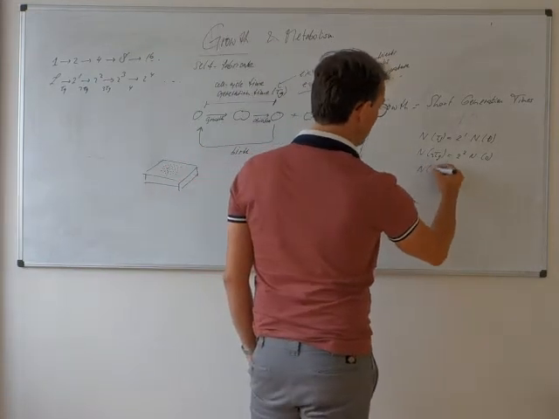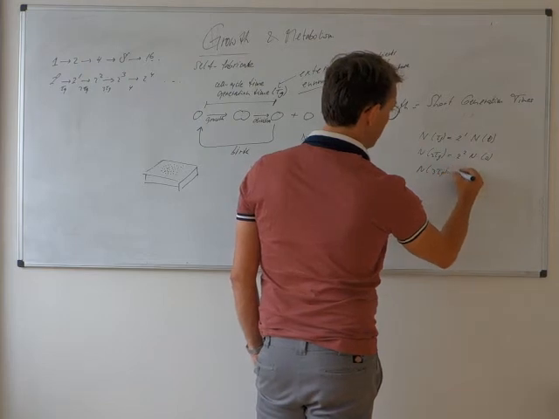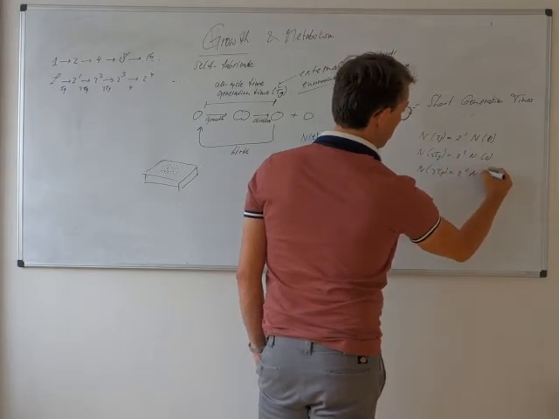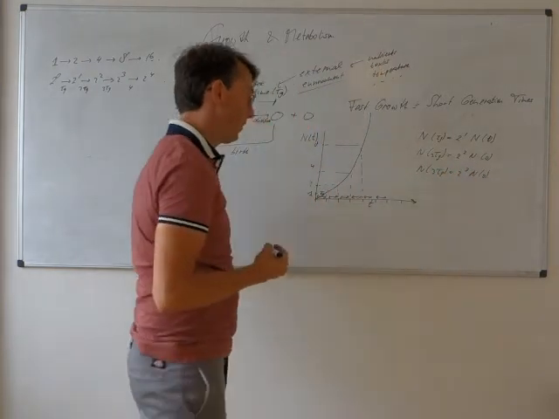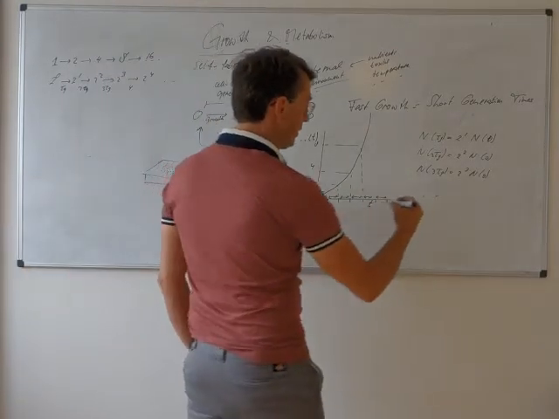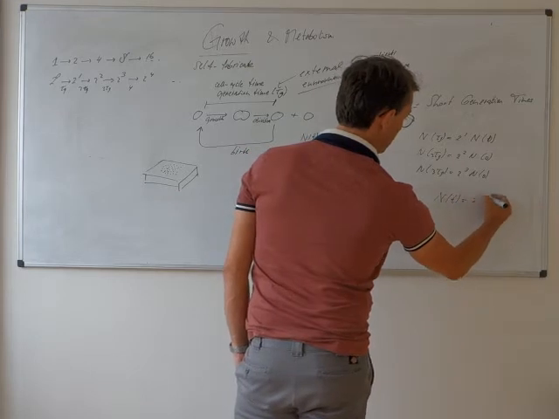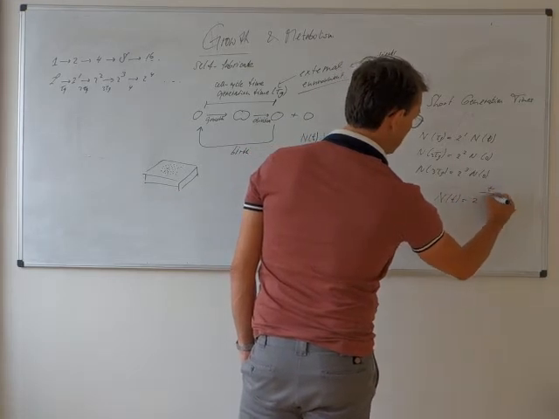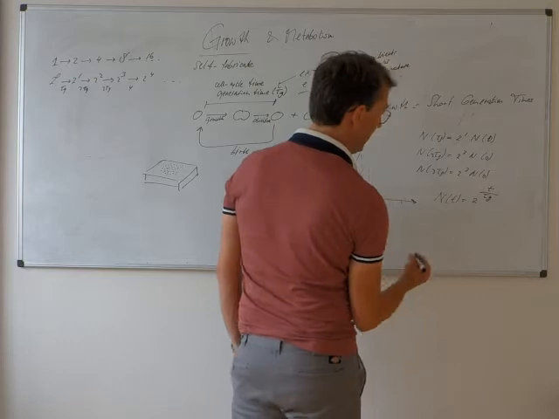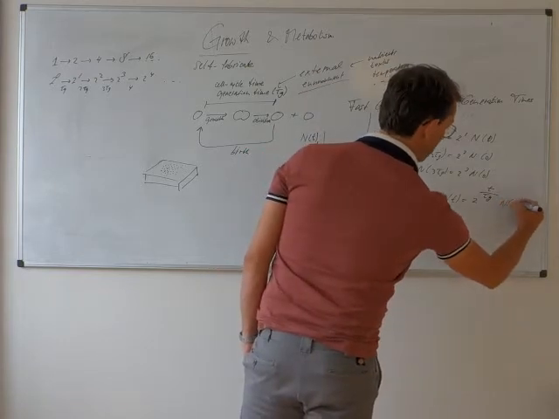And after 3 generation times, we have 8 times as many cells as when we started. So that means that the number of cells at time t is 2 to the power t, the actual time, divided by the generation time, times the initial number of cells.